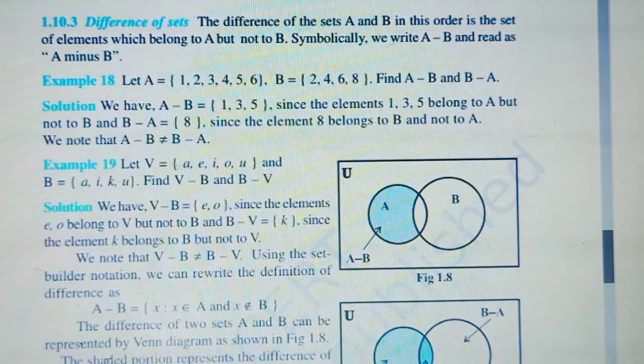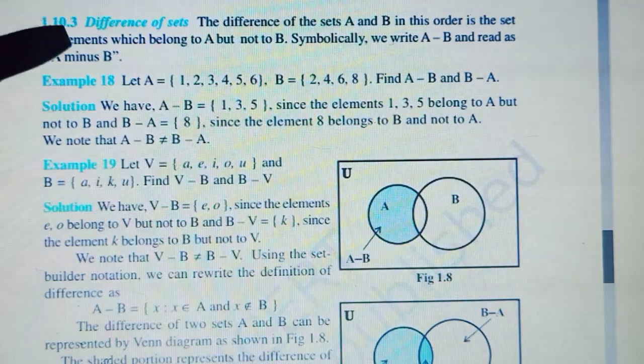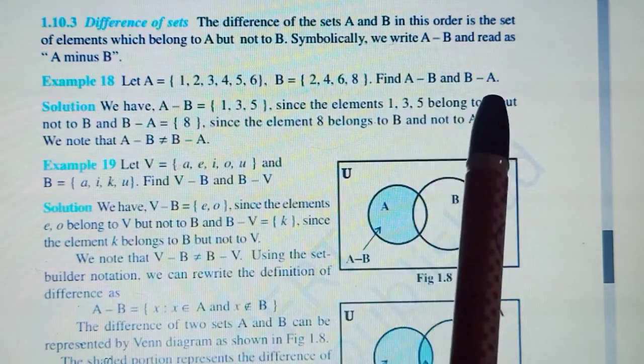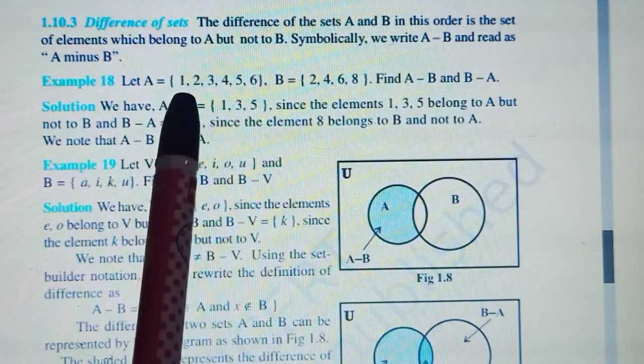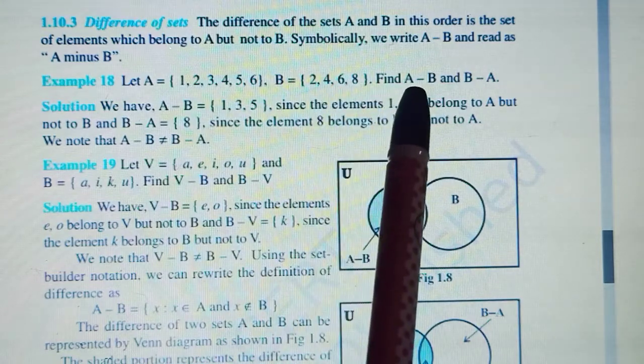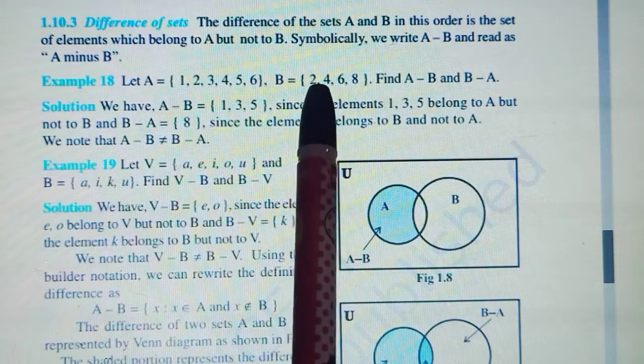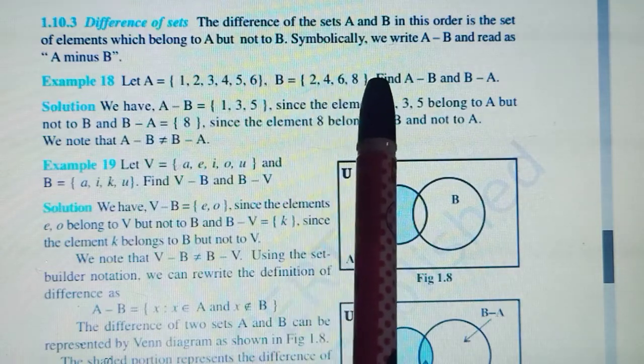Okay children, next operation that we have is difference of sets. We've studied finding union, finding intersection, and now the difference of two sets. Like A minus B and B minus A. If this is your set A and this is your set B, when I say A minus B, all elements of A which are also in B have to be removed.